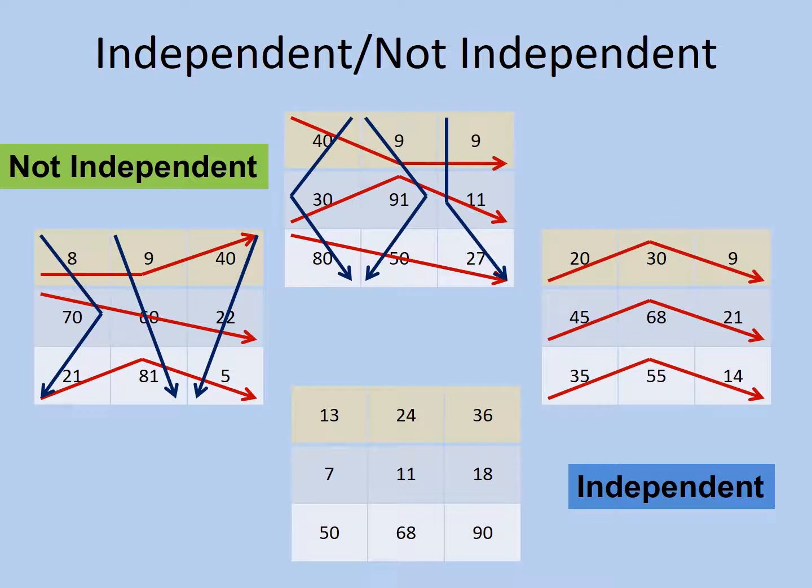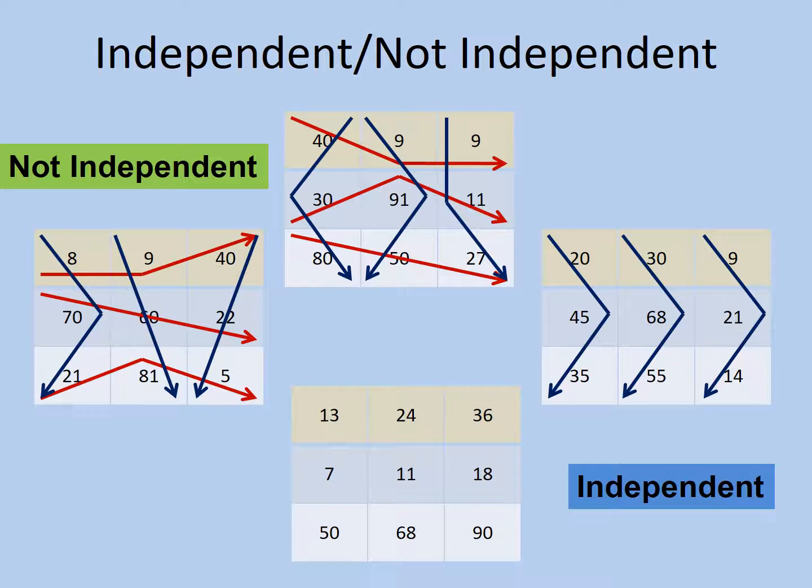Now let's look at the table on the right. Here we can see that the horizontal arrows corresponding to each row of the table are parallel, thus indicating that the two variables here are independent.